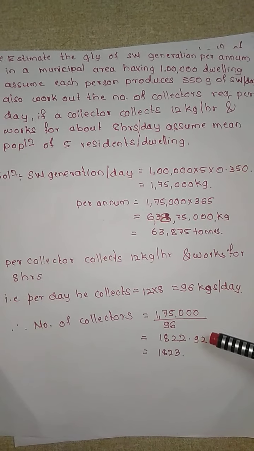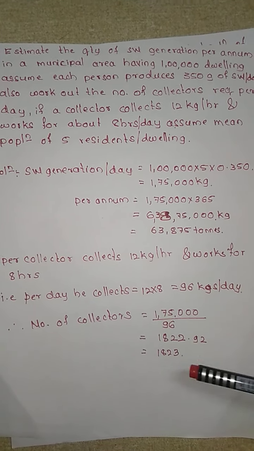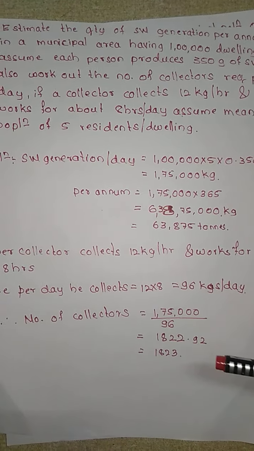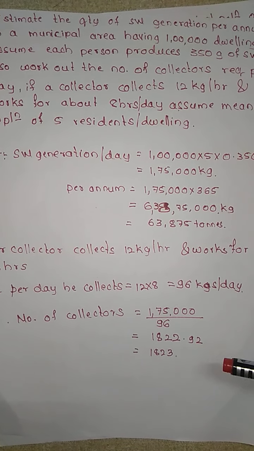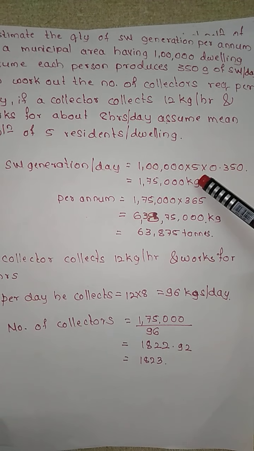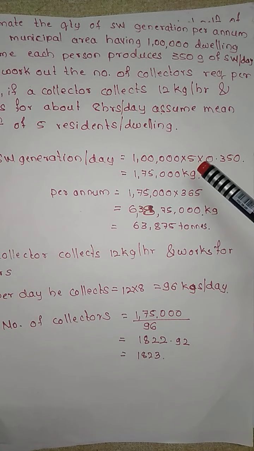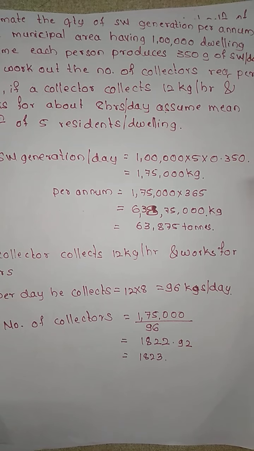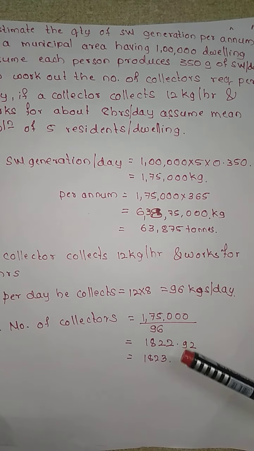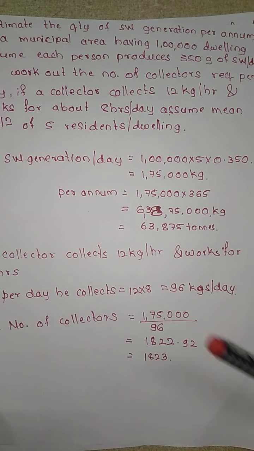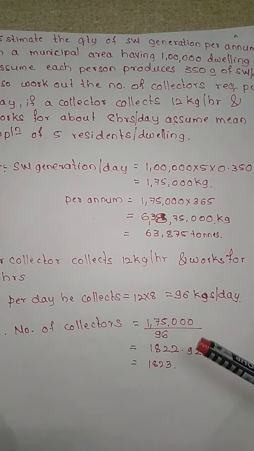It cannot be 0.92 of a person, so we require around 1823 people to collect the waste of 5 lakh people, that is 1 lakh dwellings with 5 people each, at 0.35 kg of waste generation per day. So we require 1823 collectors to collect the waste.